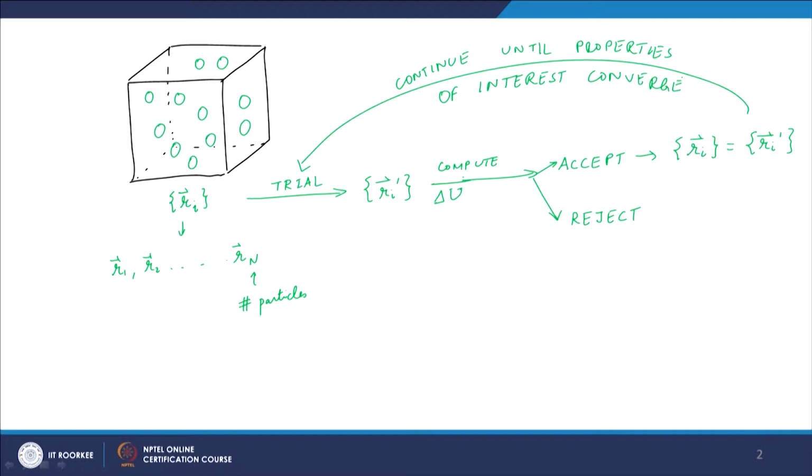So, let us see what we mean when we say properties of interest. In reality, when I am doing these simulations, to begin with I start with a state that is very far from equilibrium, and then the hope is that if I continue doing it I will reach a state of thermodynamic equilibrium.